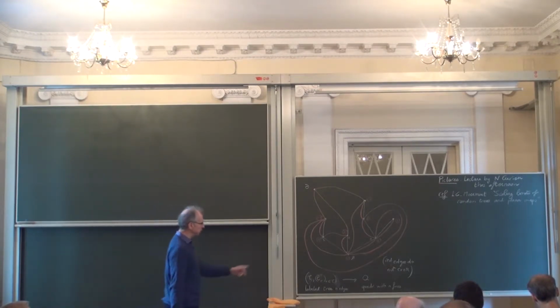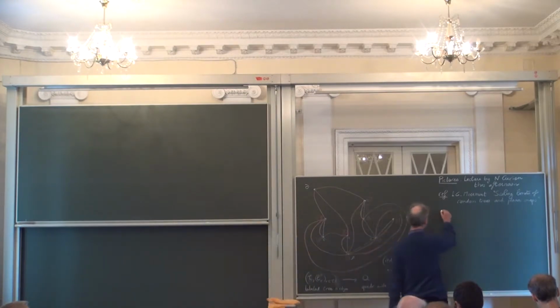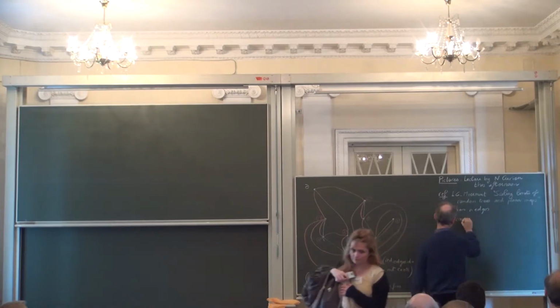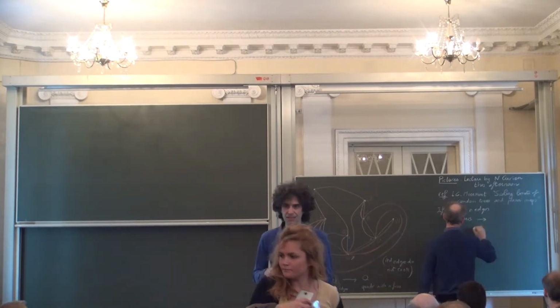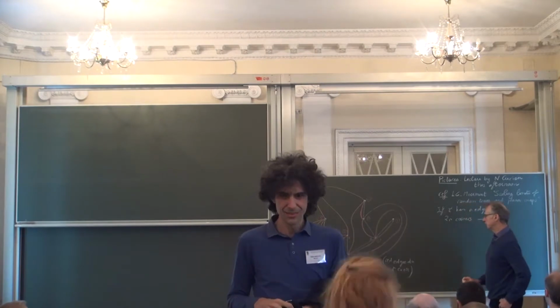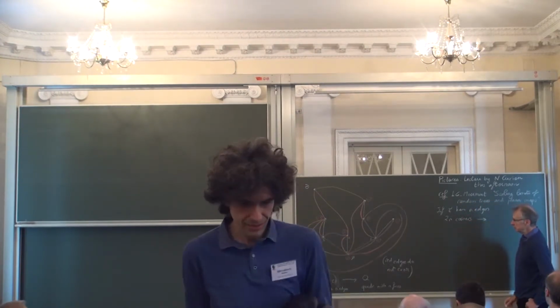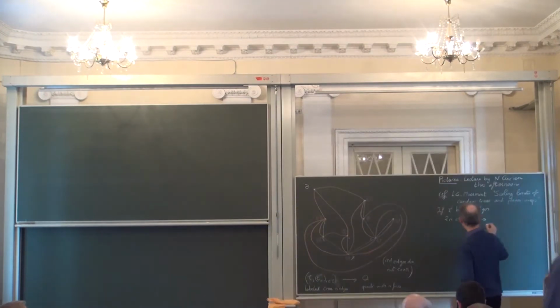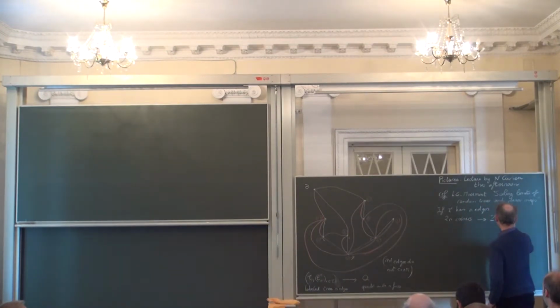Another remark which I did not make yesterday: if the tree tau has, say, n edges, it has 2n corners, and since you draw a red edge starting from each corner, you also get 2n red edges.